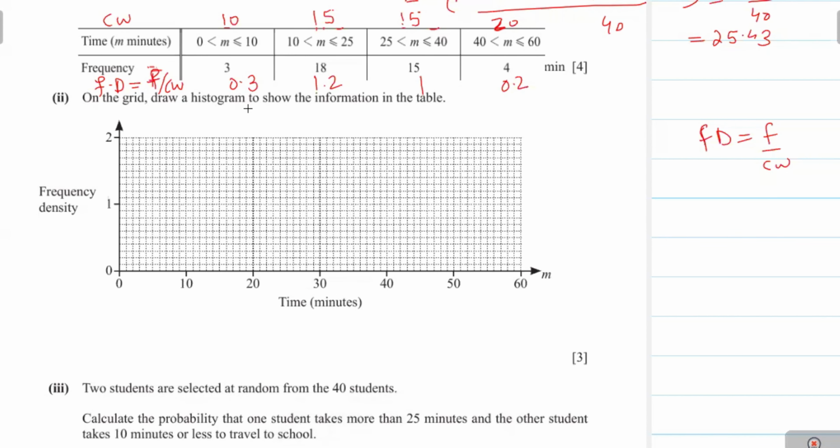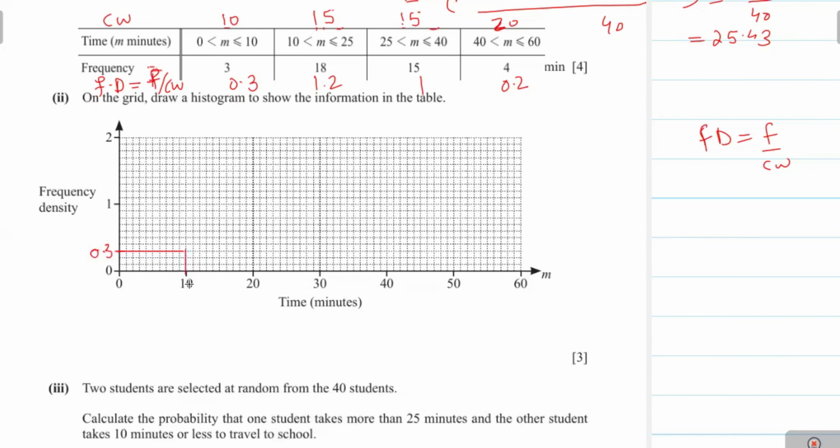Now we have to draw the histogram. To draw the histogram, we will draw the bars here. First bar between 0 to 10, and the height is 0.3. Firstly, we mark here the height of the bar. This is 0.3, and we will draw a bar between 0 to 10, and the height is 0.3.